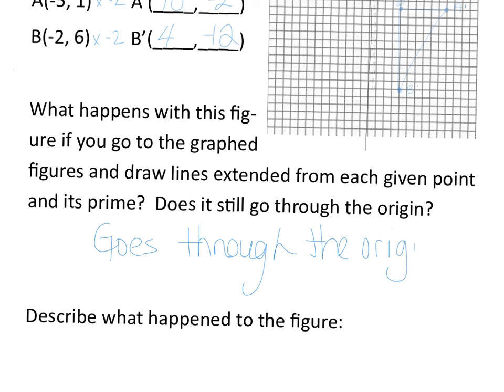If you need to see this, pause the video and line up your straight edge and see if you connect B with B prime, or A with A prime, or D with D prime. Do you go through the origin? And you should note it does. My book has those lines drawn. Because I'm not using a straight edge on these ones, I'm not drawing the extended lines, but if you need to see my book with it, just ask me in class and I'll be glad to show you.